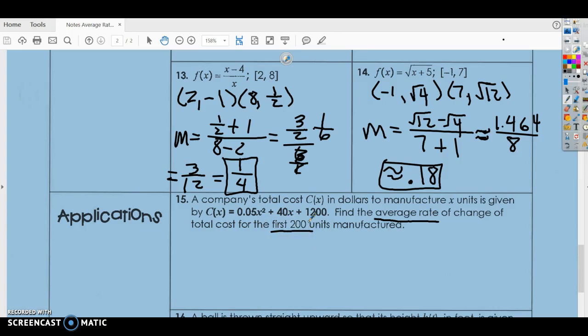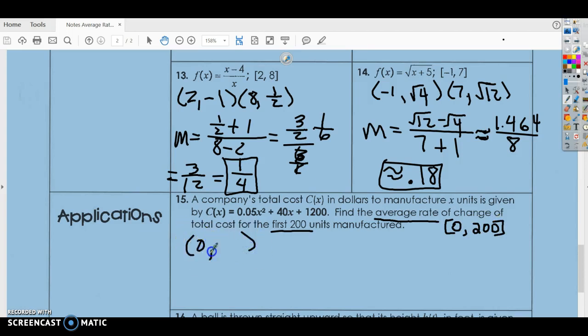So it doesn't give us a set, but we want the first 200 units. If you think about making something, you can't have negative numbers. So the first 200 would start at 0 and include 200.